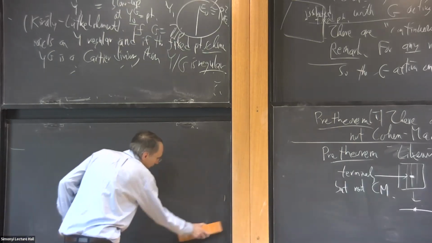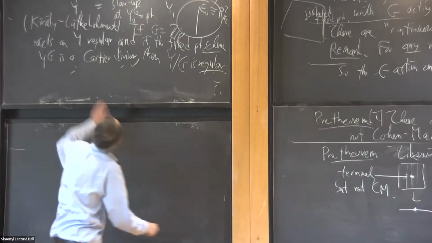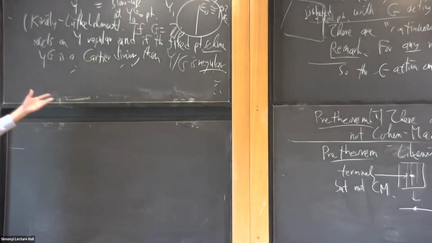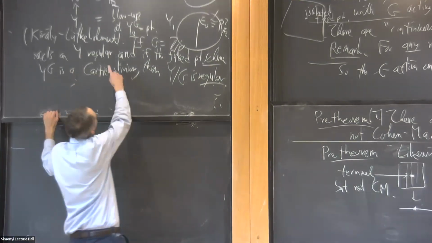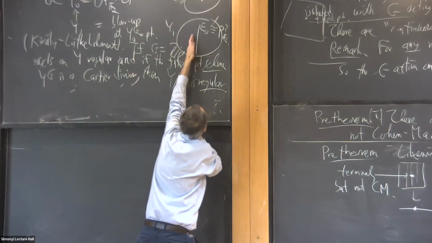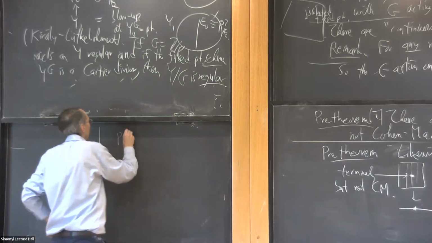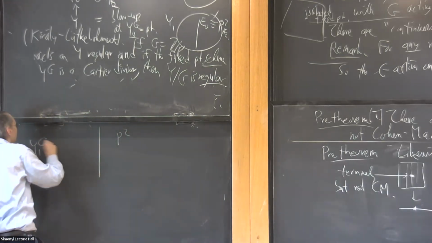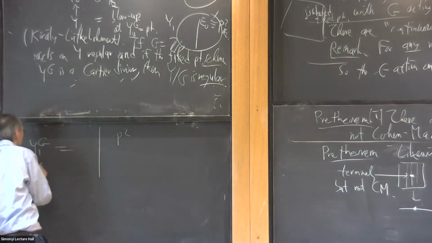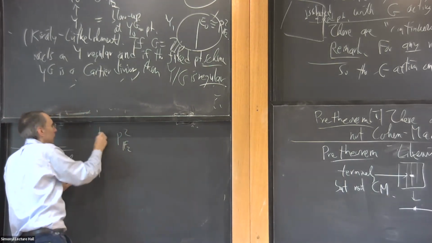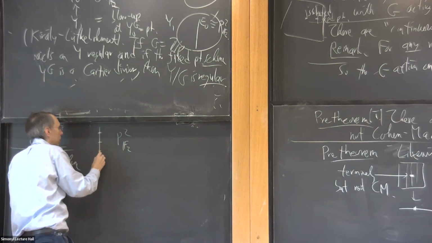Just to outline this briefly. What happens in this example is that when you blow up the first time, what is the fixed point scheme of y1 as a set? It's this divisor, this P2, but as a scheme, y1^G is P2 over F2 with some non-reduced structure at these 7 special points.